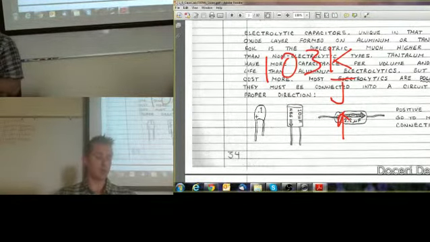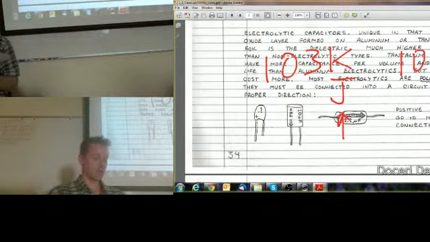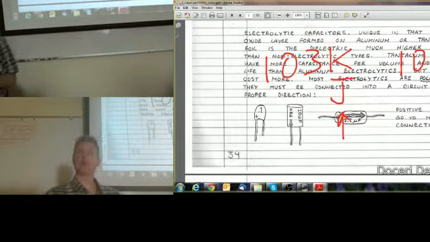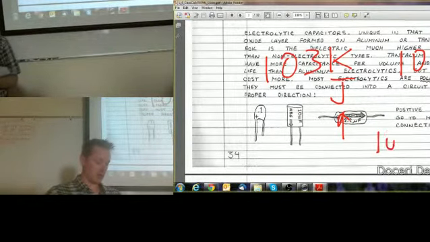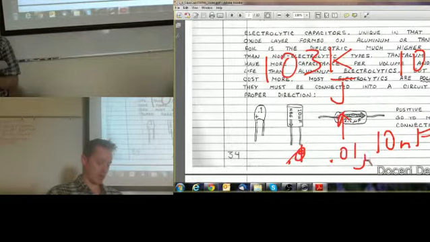So 103 means 1 0 and 3 zeros. And the answer is always in picofarads. So 10,000 picofarads, which is the same as 10 nanofarads, which is also the same as 0.01 microfarads.